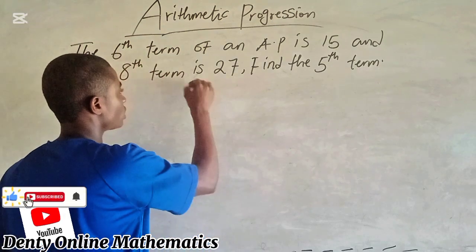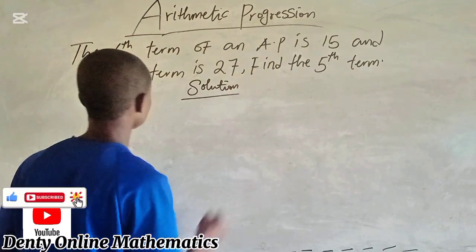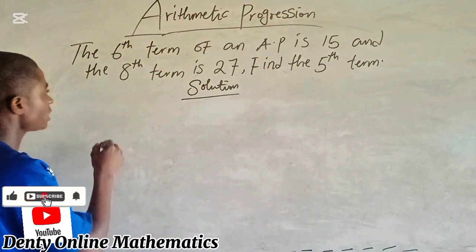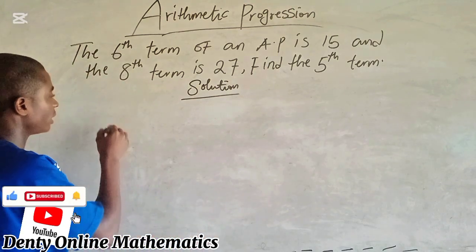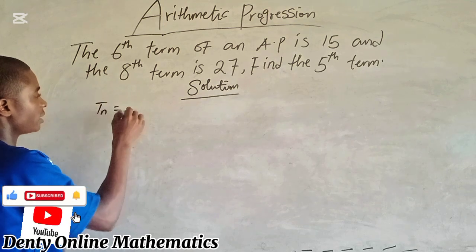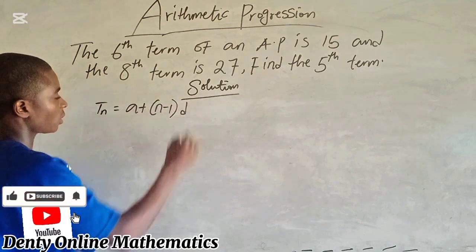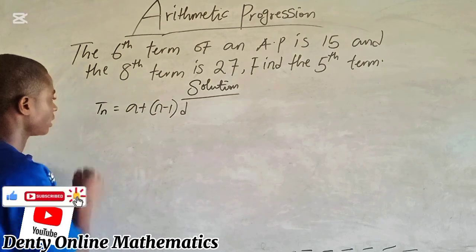Alright, here's the solution to this problem. We have the sixth term. Remember, the nth term of an AP, Tn, is given by a plus (n minus 1) times d.